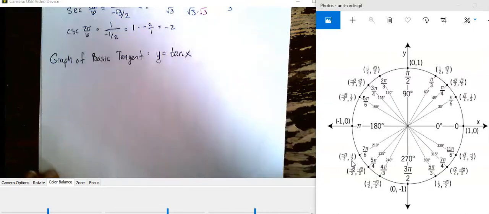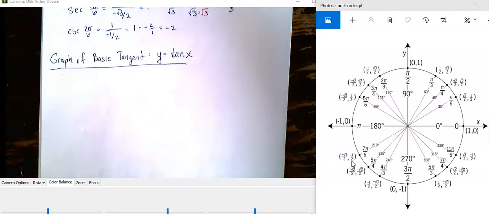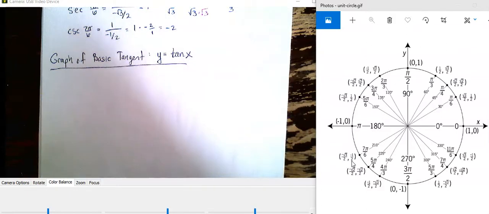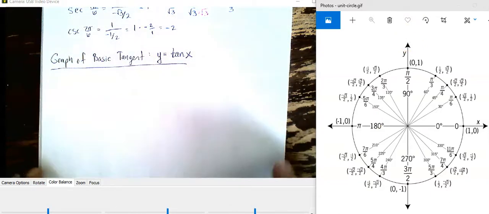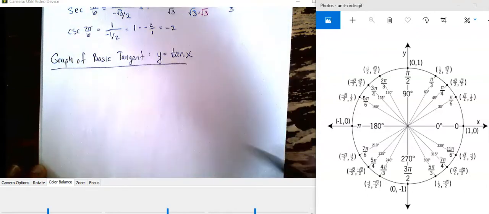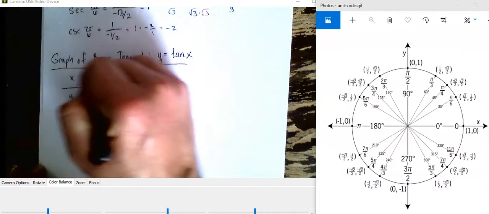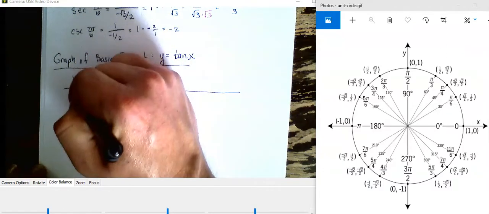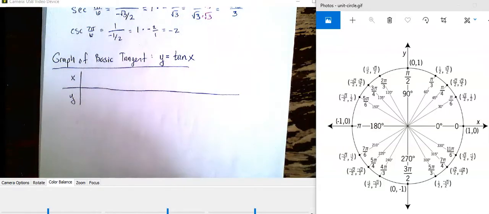Okay. So what we want to do is create a table of values for the tangent function. We'll plot them, and then we'll investigate some things about its graph. Okay. So let's do an XY coordinate table here. X and Y. Do it long ways to start. And let's just go around the unit circle, getting those values of tangent.